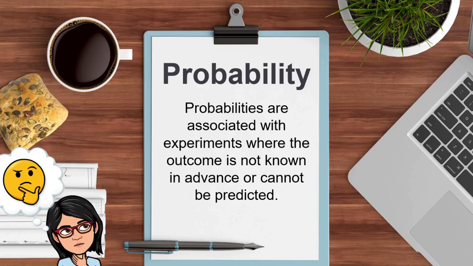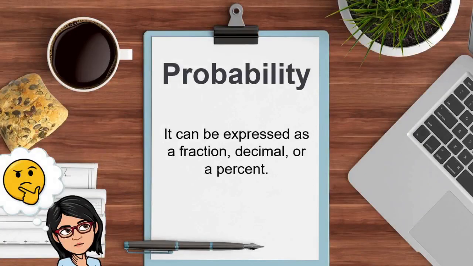We could list down the possible outcomes, but unless we perform the experiment, that's the only time that we will know the actual outcome. Probability can be expressed as a fraction, as a decimal, or a percent.